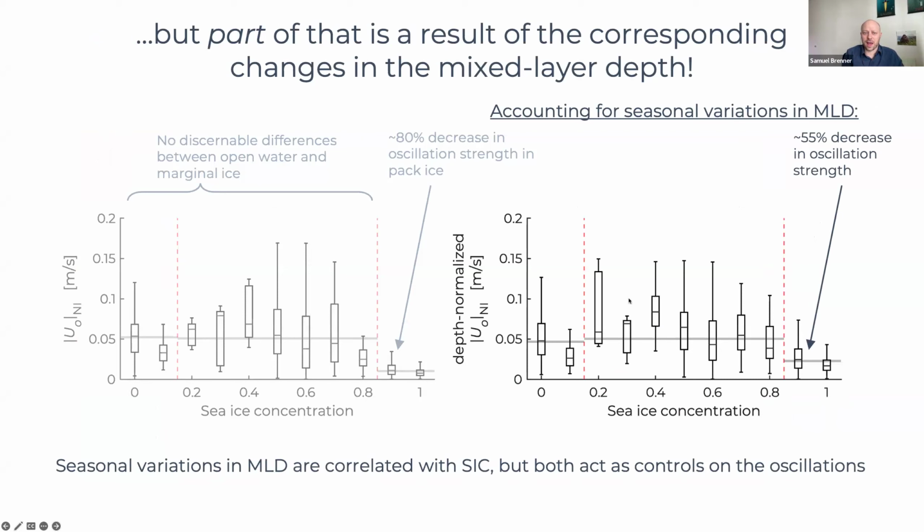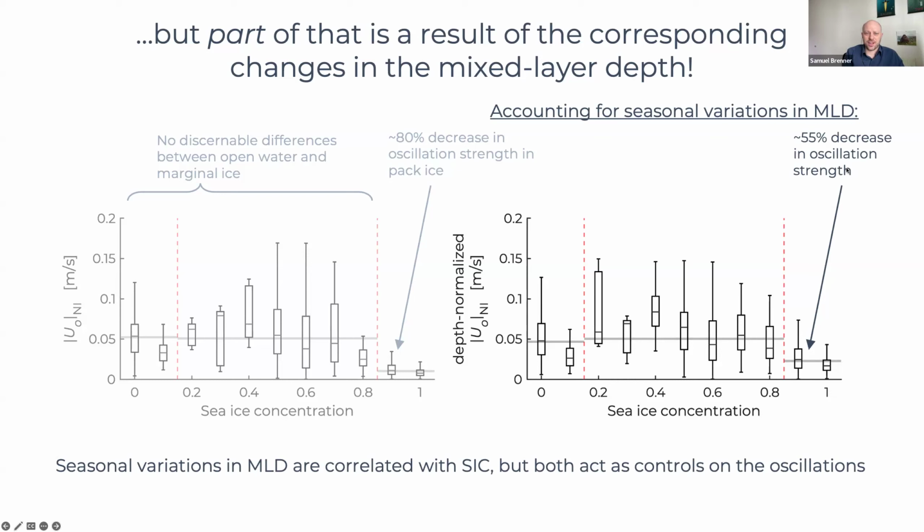And so if we account for that, there's different ways we can think about doing this, but just as an example, if we do some sort of normalization by the mixed layer depth, then we see that for the inertial oscillation strength, there still is a decrease at high ice concentrations, but that's not as profound as before. So before we had about an 80% decrease in the inertial oscillation strength.